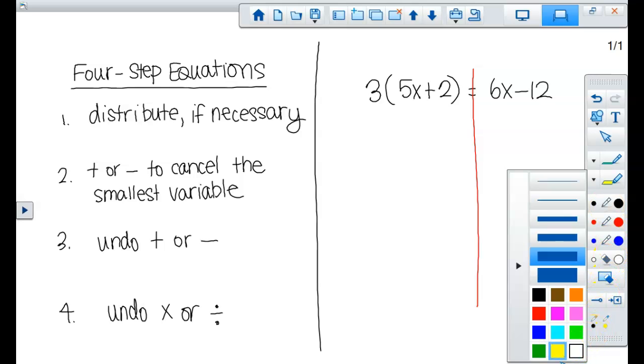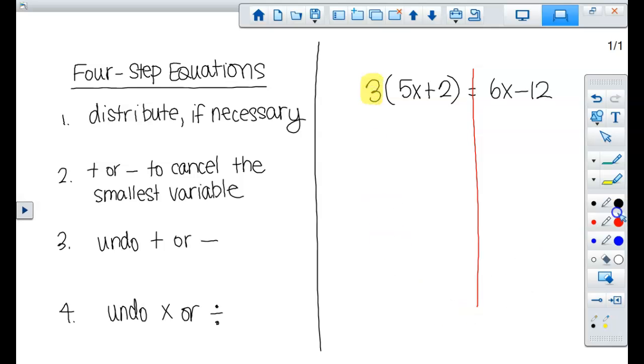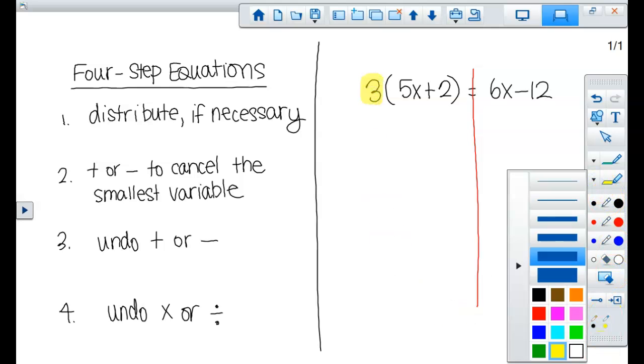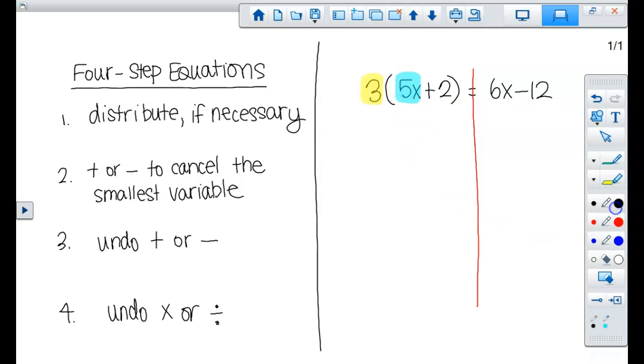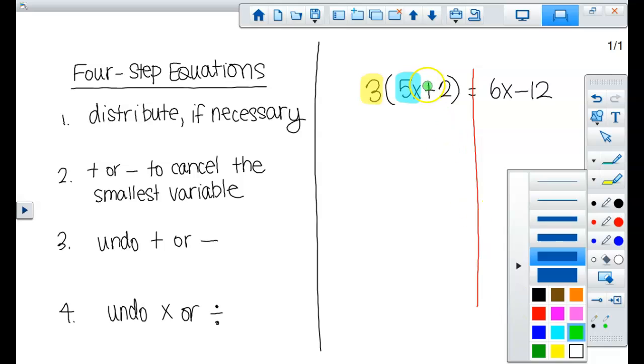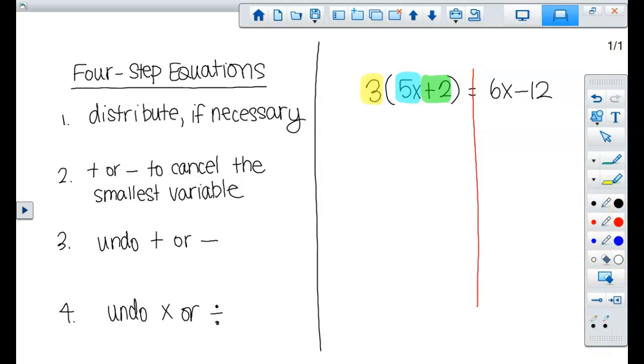Distribute if necessary. Over on this side, we have a number 3 being multiplied by the group 5x plus 2. The members of that group are 5x and positive 2. There is no group on this side, so I'm not going to have to distribute on the second side.